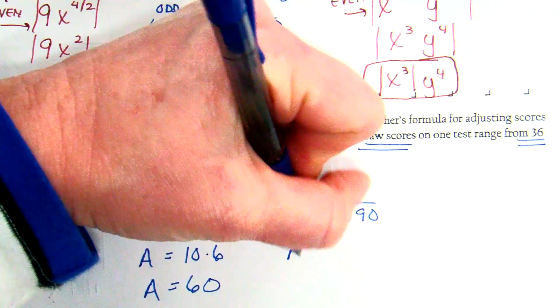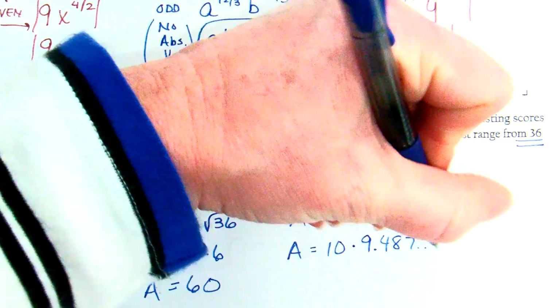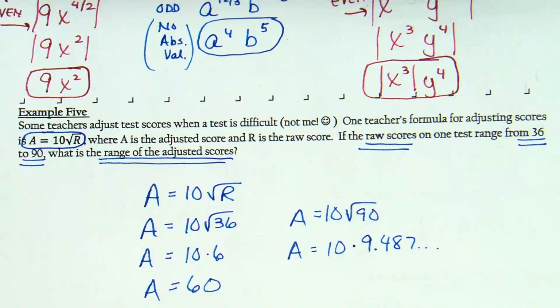Square root of 90. 9.486832981. I have written down 9.487. It's 9 point something. And on this one, just leaving it 10 square root of 90, that's not really a score. So I would not leave this just 10 square root of 90.